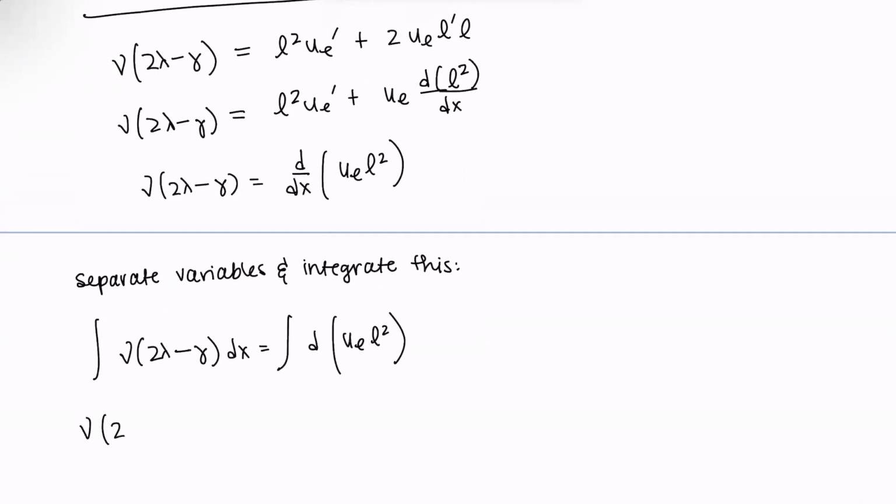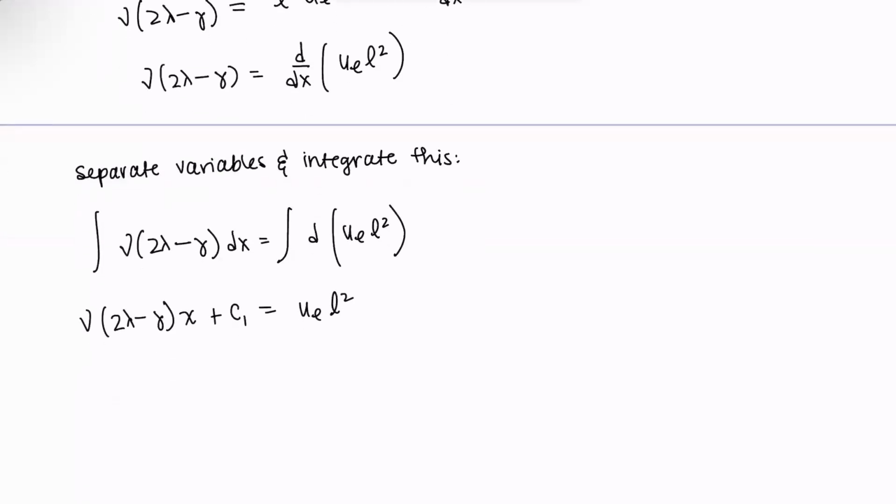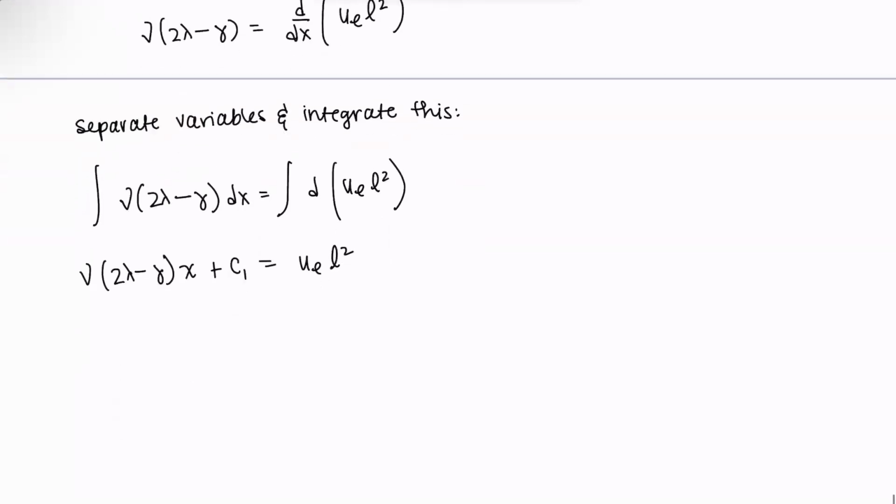So we have nu times 2 lambda minus gamma times x plus C1 is equal to UE L squared.